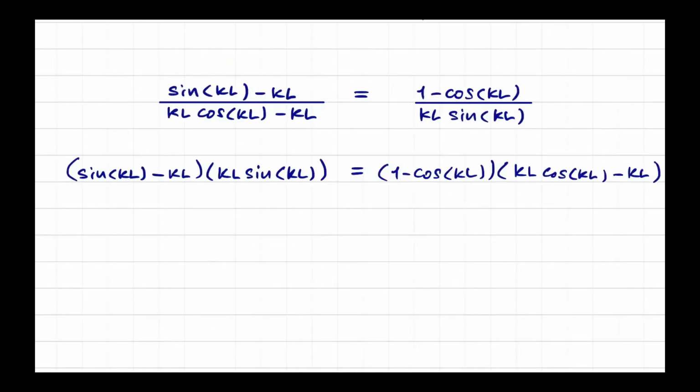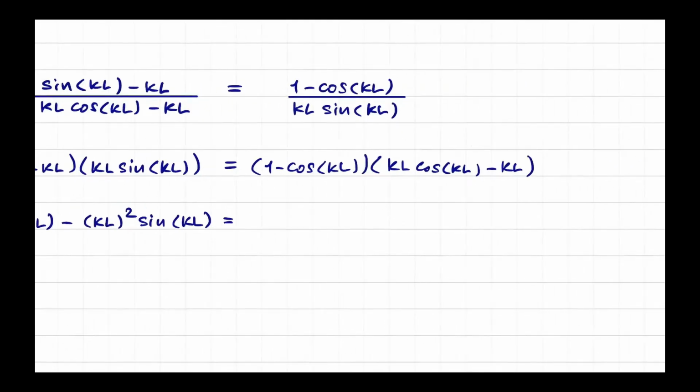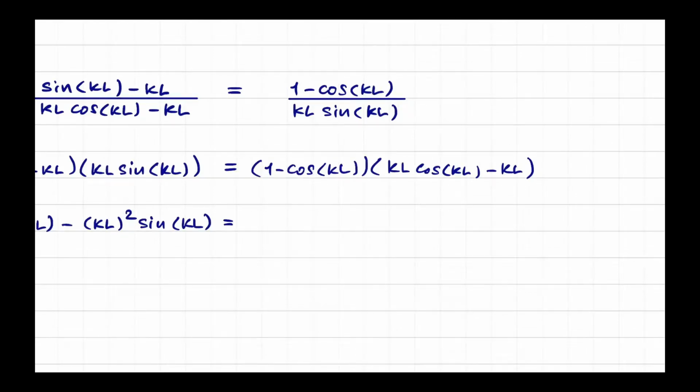Let's see. So this whole piece is not bad. You get KL sine square KL minus KL square sine KL equal to, I'm not sure if I'm going to bring you to where we want, but let's try.